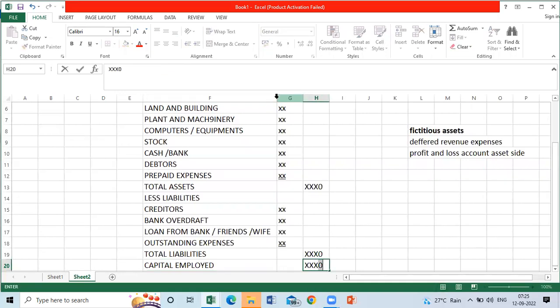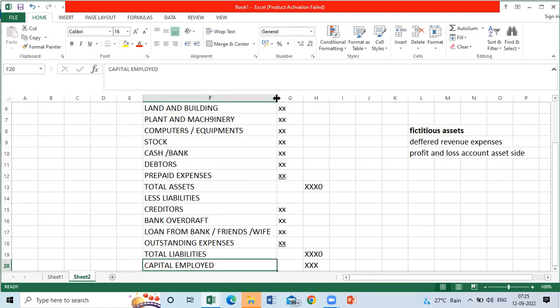Now, if I do this at the start of the year, this will be called opening capital employed. That is capital employed at the beginning of the year. If I do this at the end of the year, it shall be called closing capital employed. Capital employed at the end of the year.